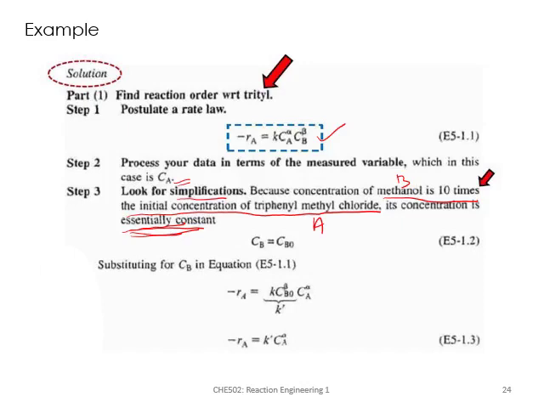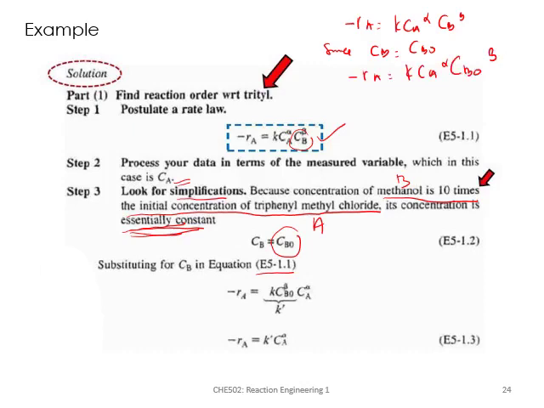Next is substituting for CB in equation E5-1.1. You substitute CB naught here. What you have is negative rA initially is k CA alpha CB beta. Since CB is equal to CB naught, negative rA is equal to k CA alpha CB naught beta.